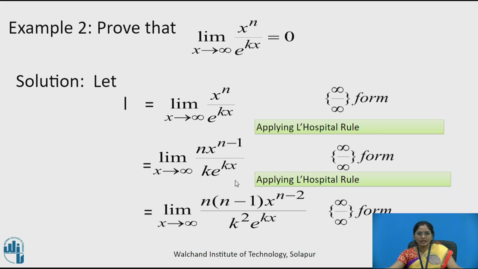Derivative of k into e raised to kx is k square into e raised to kx. Now, after evaluating this, if you substitute the limit as x tends to infinity, you will be getting again infinity by infinity form.